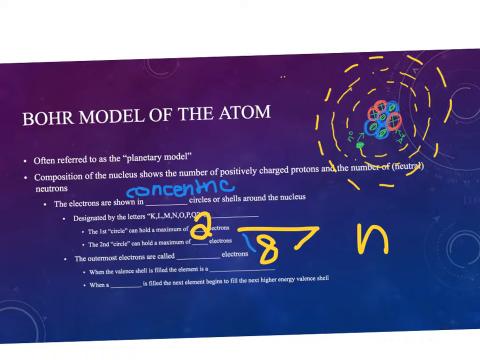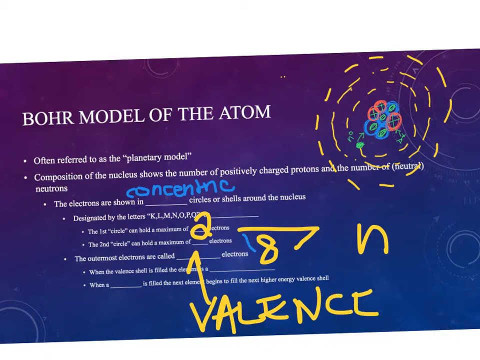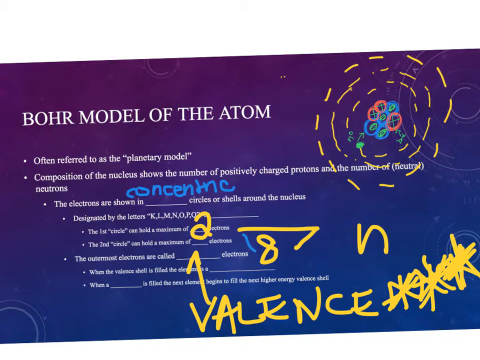Okay. The outermost electrons are called valence electrons. These are super important. Please never forget this. Valence electrons. Crazy important, more important than knowing how to spell.